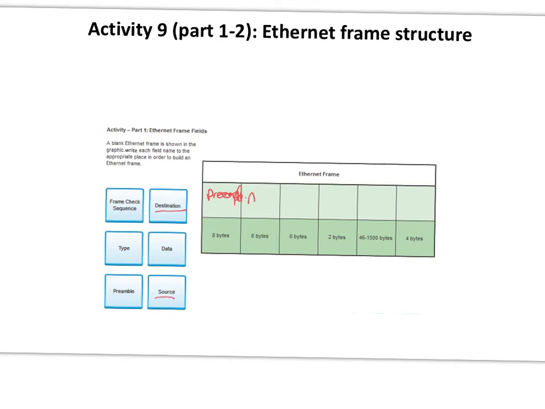Which one comes first? Destination. We talked about why actually; I will talk about this in a minute. And then source, right. We don't have protocol here; we have type, which indicates the protocol. You're right. And then the data, of course, and then the frame check sequence. Okay, Nawaf.